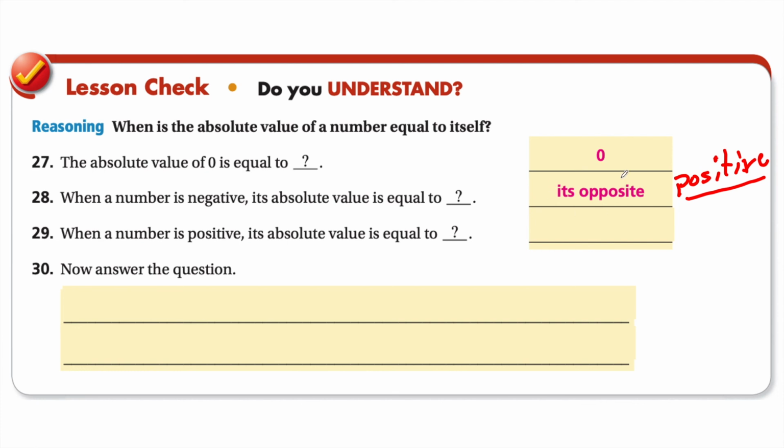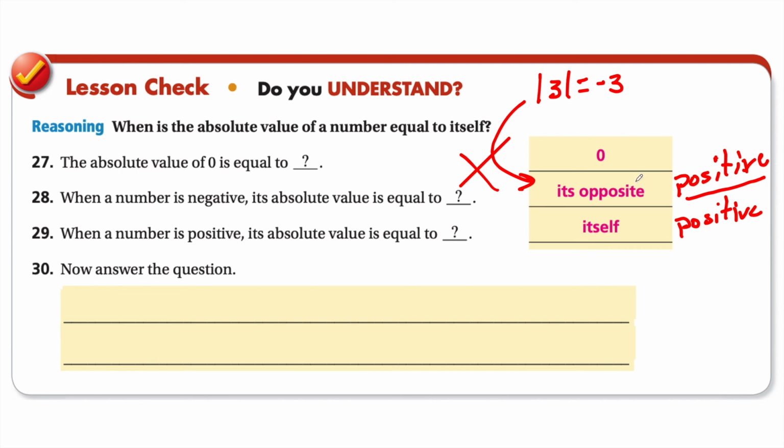And the reason I say stay away from its opposite is because when a number is positive, its absolute value is equal to itself. All right? It's going to stay positive. Using the word opposite is one of the major problems that people run into. If I say the absolute value of 3, a lot of people might say negative 3 because they're thinking about it being its opposite, and that is not correct.